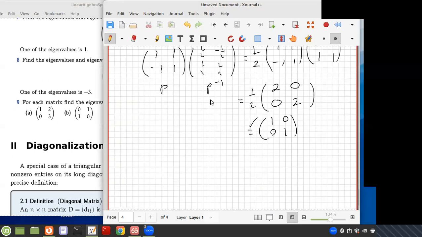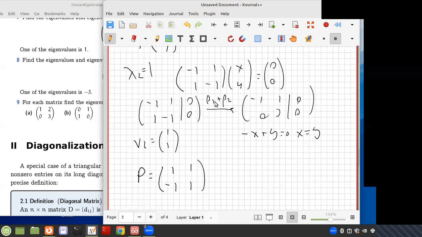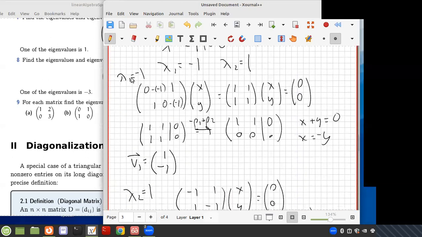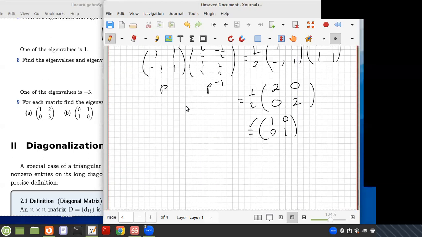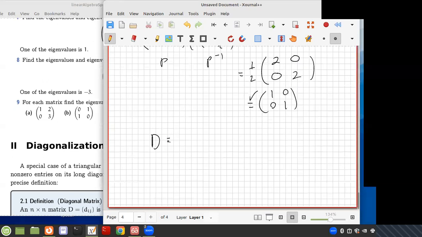Okay. Now we have to keep the order. D is equal to -1, 0, 0, 1. You have to keep the same order. So this is lambda 1 and lambda 2, because that's the order we chose in P. P was V1, V2, so we have to keep the same order here.